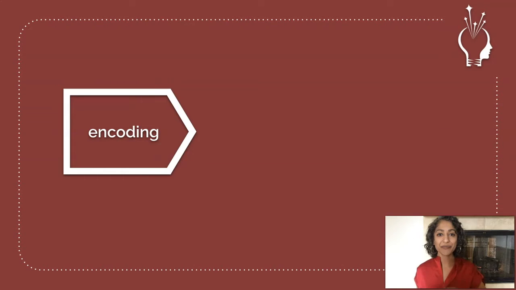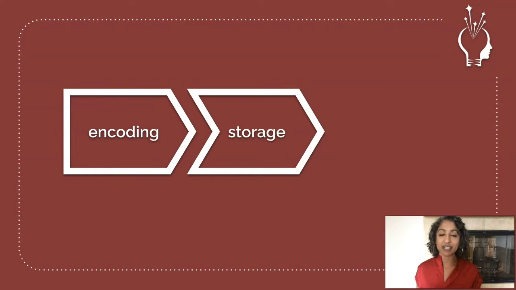To start, here is a very, very simplistic model of how memory works. We start by encoding. Whether ourselves or our students, that's getting information into our minds. Students listen to lectures, they read textbooks, that's encoding that information. The next stage is storage.